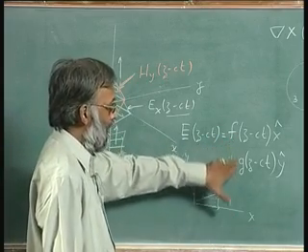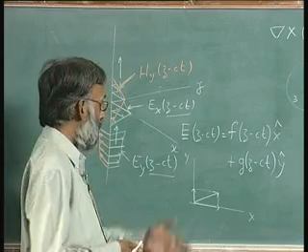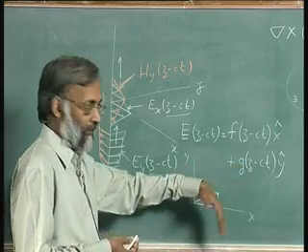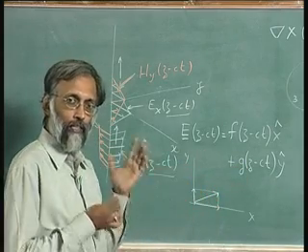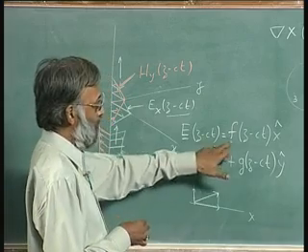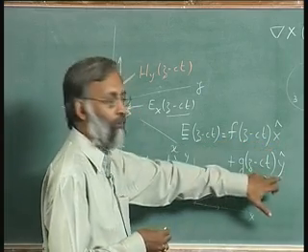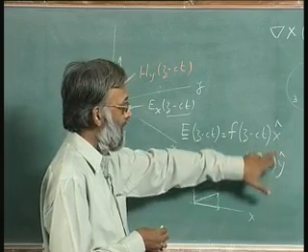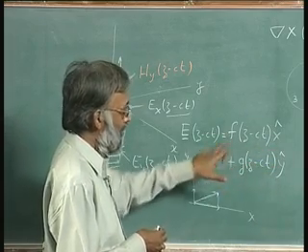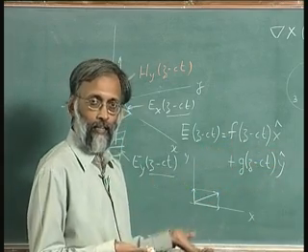So, this is a way of solving the full problem for any direction of the electric field whatsoever. I do not have to solve an infinite number of problems, I just solve two problems, a problem along x and a problem along y. Once I have done that, I have got the components, and therefore, I can build up any electric field at all.